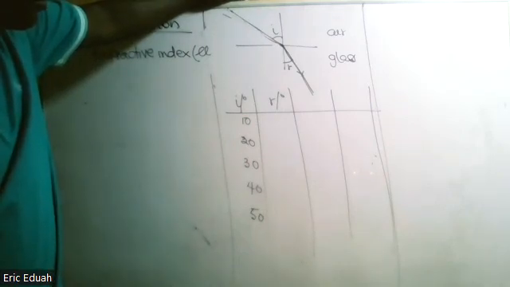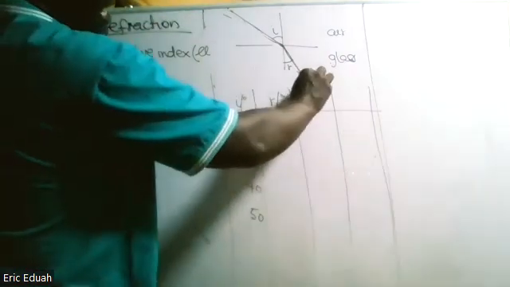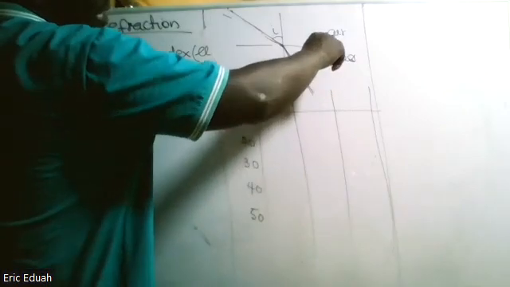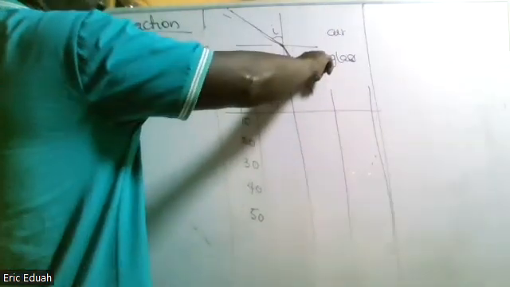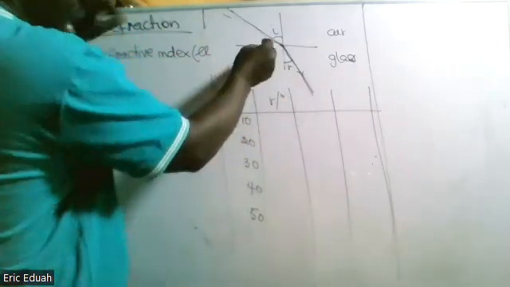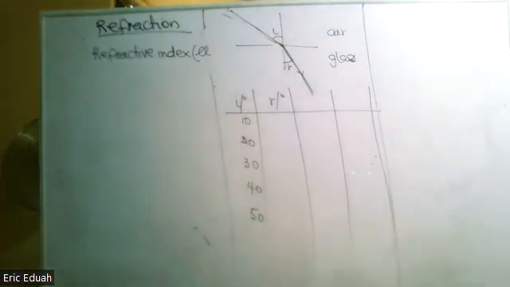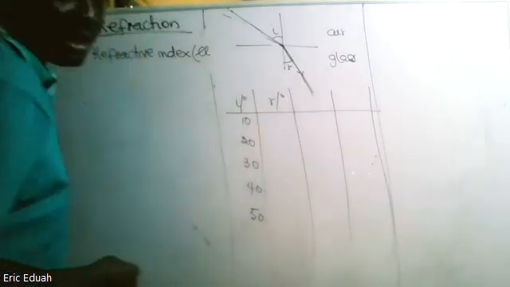R will decrease, because once it is added to glass, it will be deviated towards the normal. As you increase this, it will still be deviating towards the normal.